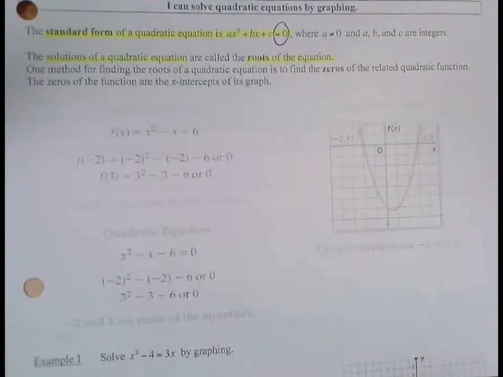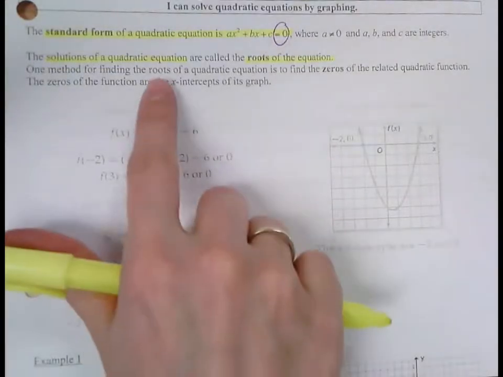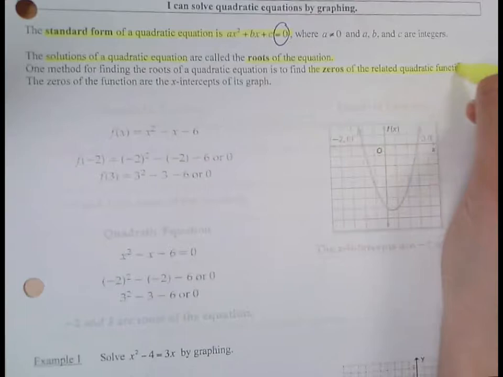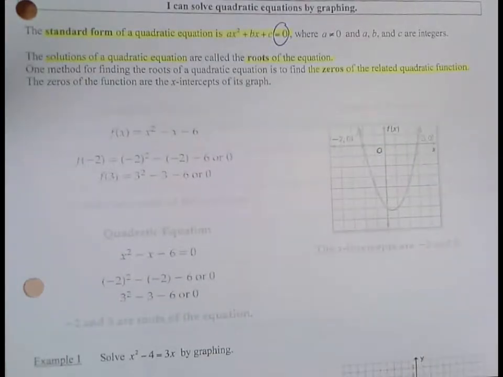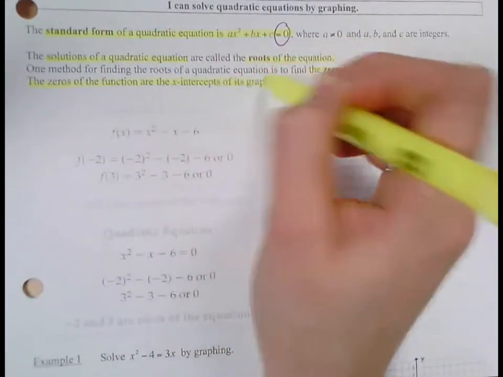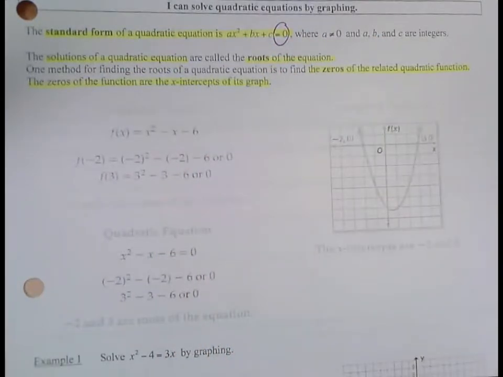So if a question asks you to find the roots, you have to know that means you're finding the solutions. And then one method for finding the roots or the solutions is to find the zeros of the related quadratic function. And the zeros of the function are the x-intercepts of its graph.